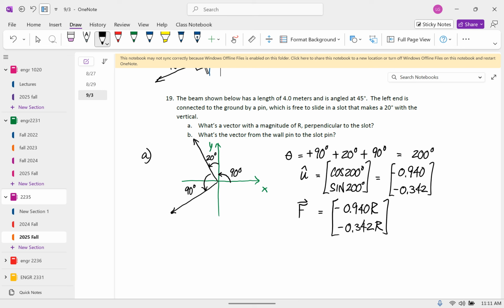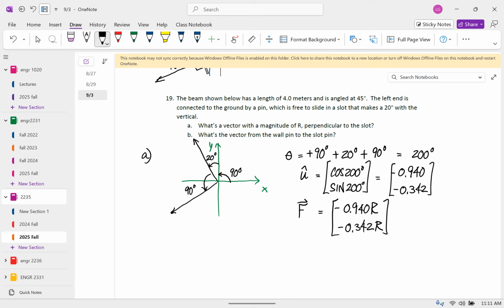So adding up that angle, I would have gone counterclockwise 90, counterclockwise 20, but then clockwise 90. So I would have gone 90 plus 20 minus 90. My angle would have been 20, and I would have gotten positive 0.94 r, positive 0.342 r. But they work equally well in the problems.